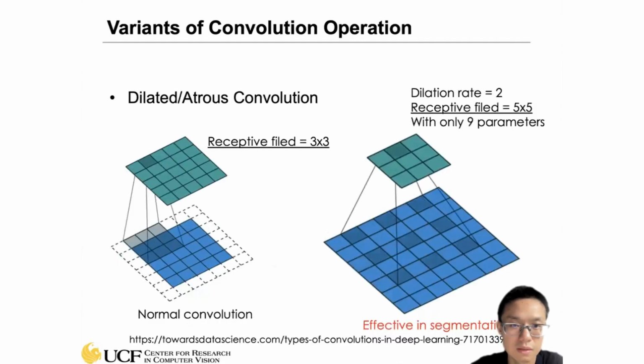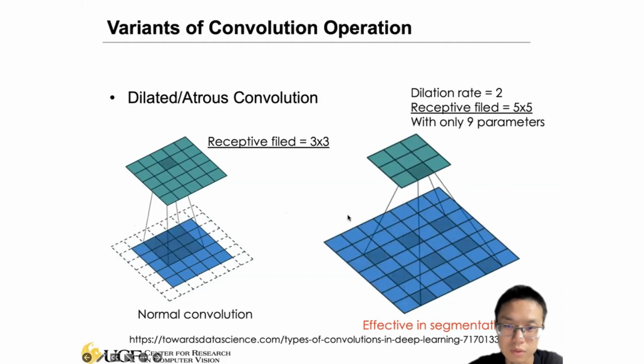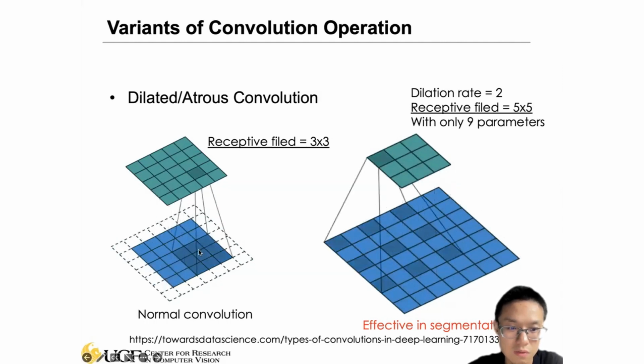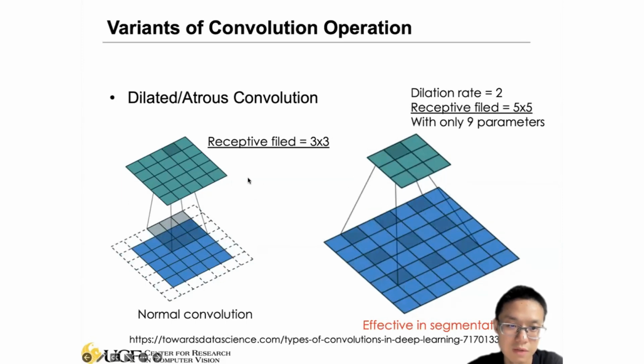So let's look at the dilated convolution. Here is another very cool animation demonstrating a side-by-side comparison. On the left side is the normal convolution. You have the 3x3 filter, and you operate this filter across the image. At each position you do the dot product of these two matrices and generate a value.